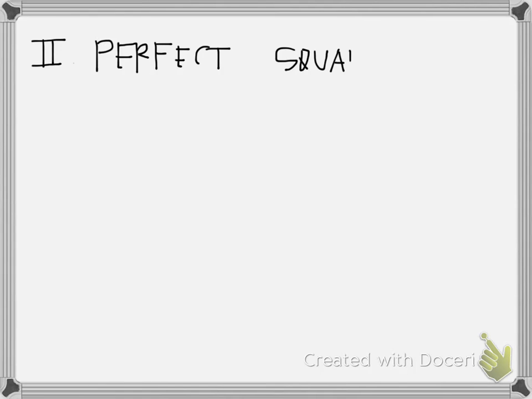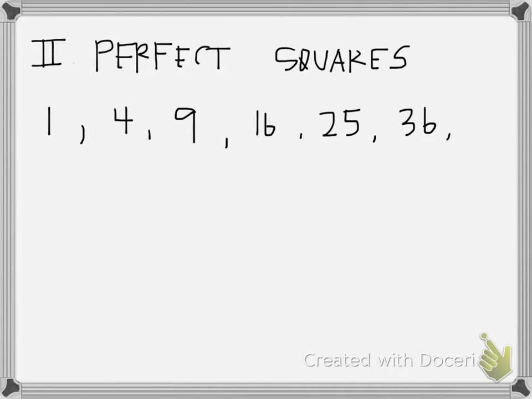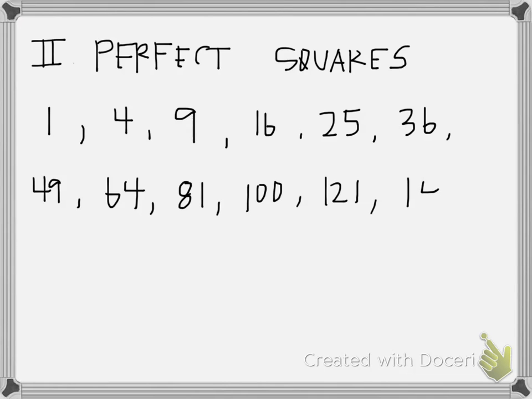Let's think back onto our perfect squares. Okay, 1 squared is a 1, 2 squared is a 4, 3 squared is a 9, 4 squared is a 16, 5 squared is a 25, 6 squared is a 36, 7 squared is a 49, 8 squared is a 64, 9 squared is an 81, 10 squared is a 100, 11 squared is a 121, and 12 squared is a 144.